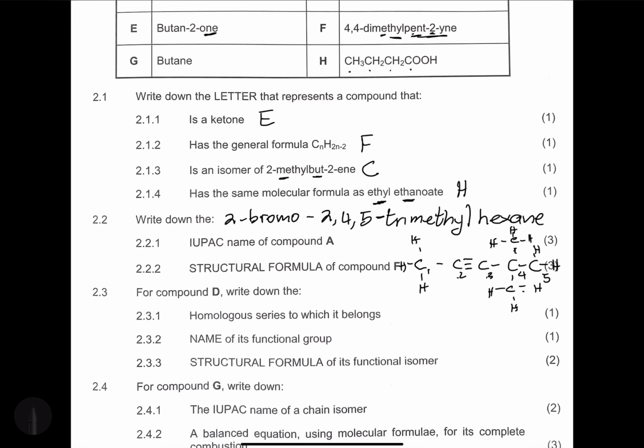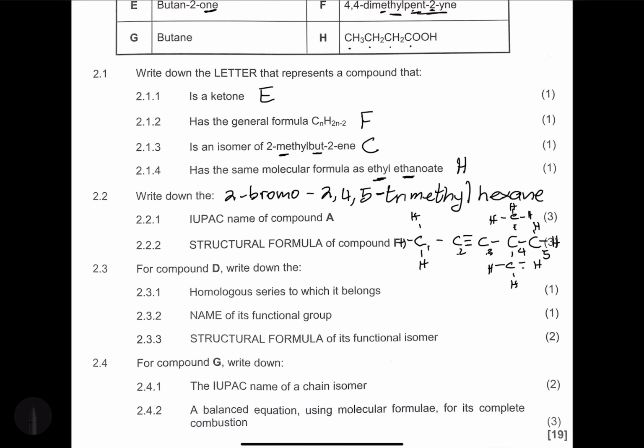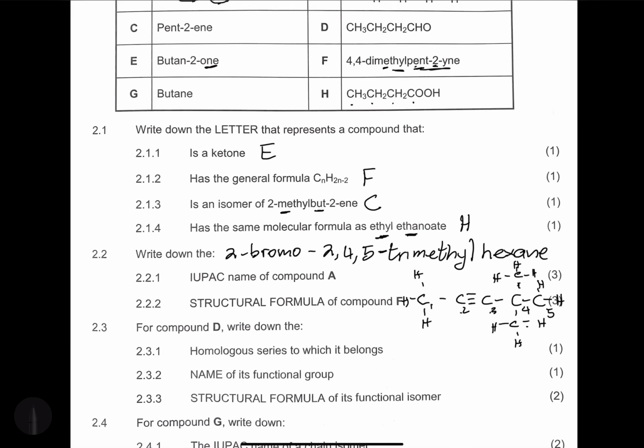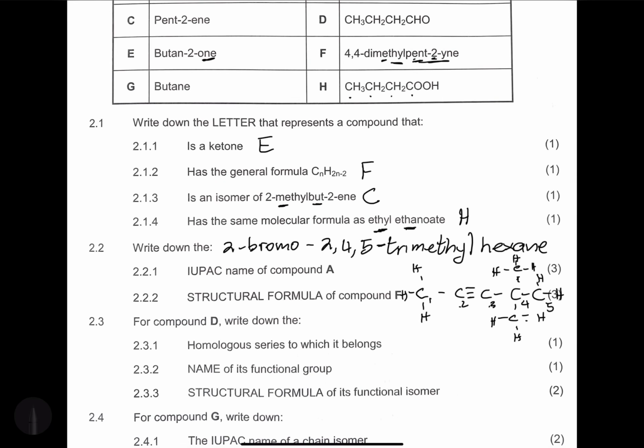All right, moving right along. Okay, so now for compound D, let's see what compound D is. That's our aldehyde. So they say, write down the homologous series to which it belongs. Well, I've just said it.